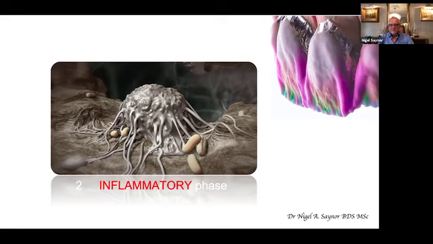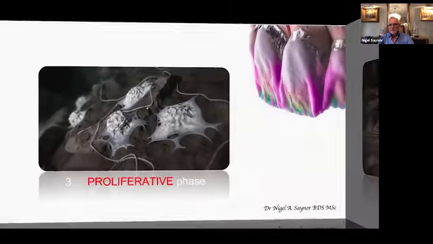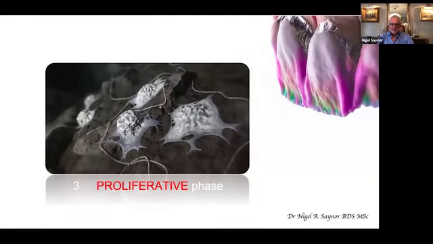So the inflammatory phase, treat it with caution, keep it minimal, keep it under control. Then you have the proliferative phase. Now, this is a significant phase that you've got to think about.